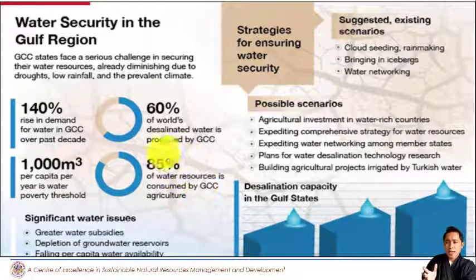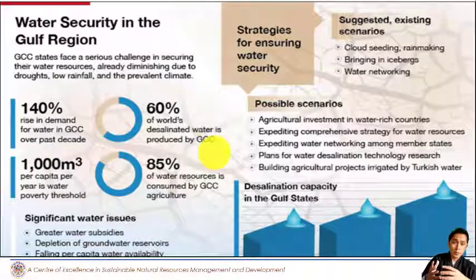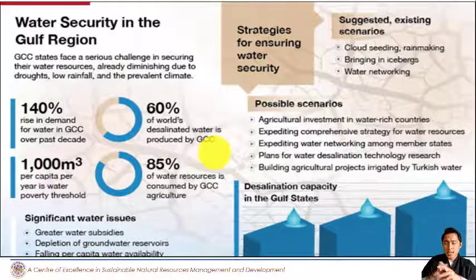For example, 85% of Gulf Coast countries' water is going to agriculture. That's huge. So if they have to have more water in their community, they can either reduce the demand per capita, or reduce the water that's being consumed in agriculture.